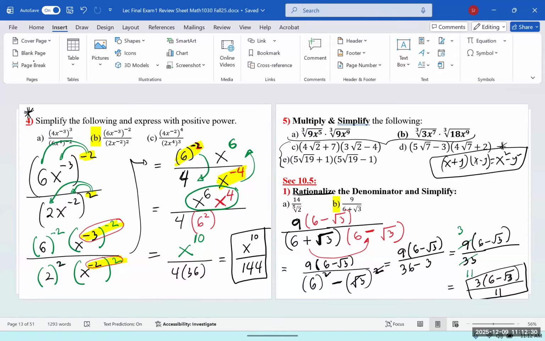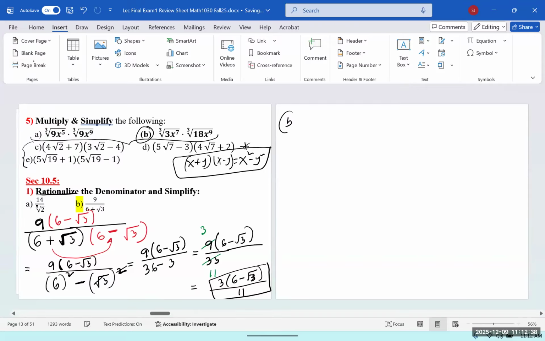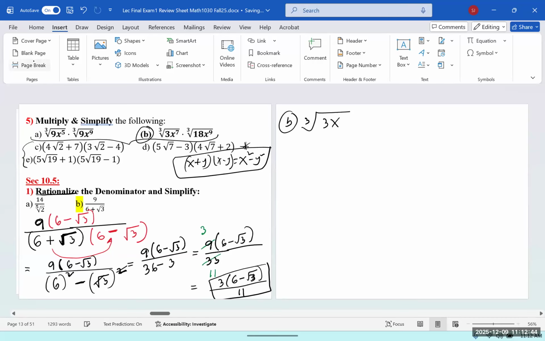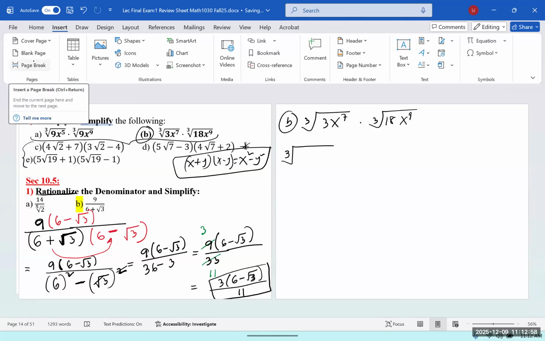So let me go over both types. Let me go over B first. So we have cube root of 3x to the 7 times cube root of 18x to the 9. So to simplify this, step 1 is separate them with their own rule.